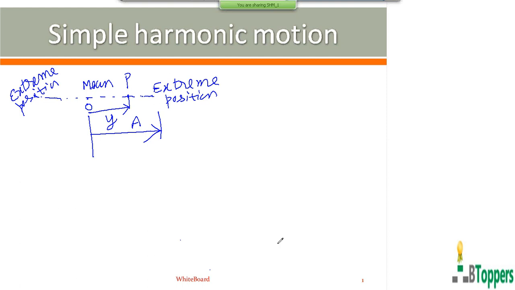So for a particle performing simple harmonic motion, the displacement of the particle is always measured from the fixed point. This fixed point or center of oscillation, we call it the mean position. The maximum displacement from mean position is called the displacement amplitude, which is denoted by capital A.